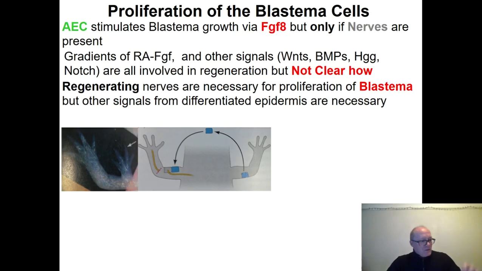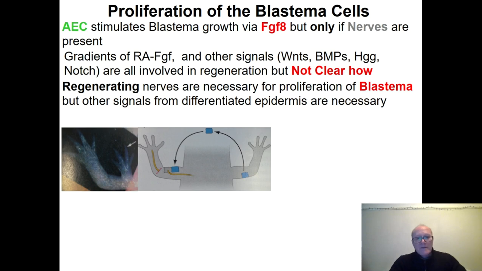Some of the things that we know are important to underline here is that the nerves are necessary for the regeneration of the limb, as I mentioned to you. However, epidermis signals are also important. Look at this experiment here.